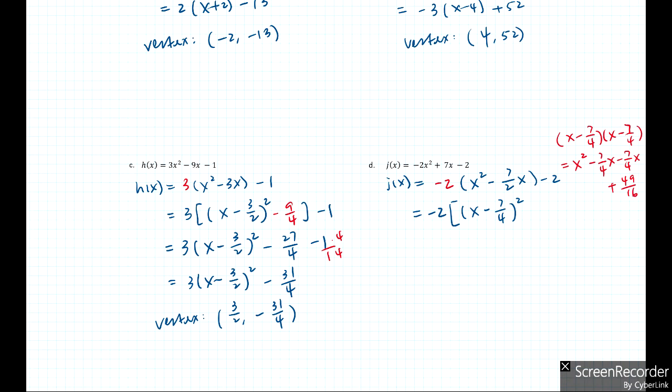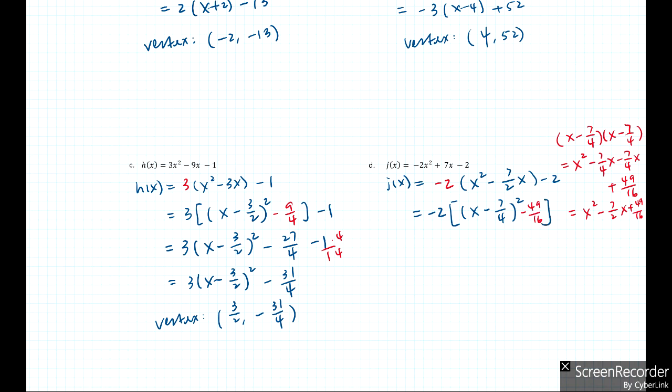And when you combine them, you will get x squared minus 7 over 2x plus 49 over 16. And you can see the first variable terms are identical to what we had in the previous step in the parentheses, and the additional constant is 49 over 16. Because we didn't have it, we have to subtract it away.